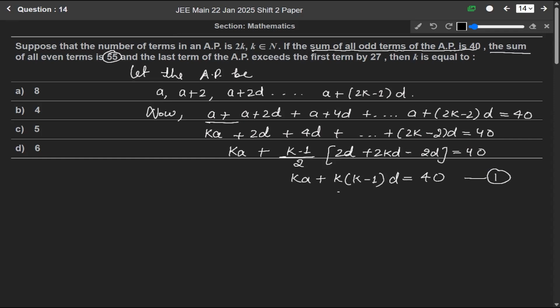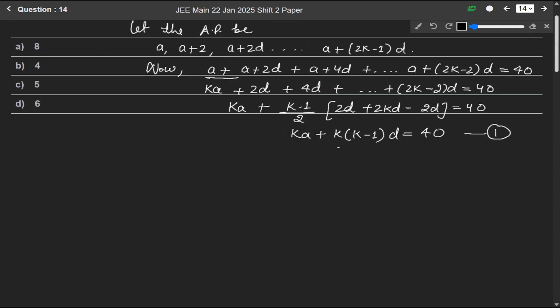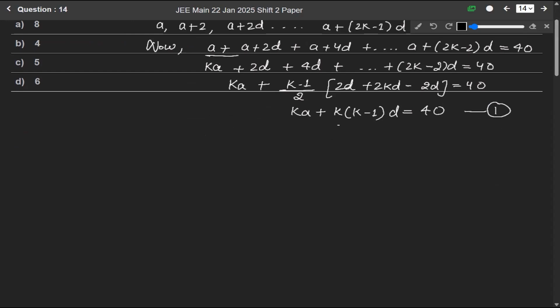Now, the sum of even terms is 55. So, for even terms, we can write A plus D, A plus 3D plus A plus 2k minus 1 D. It is equals to 55 here.